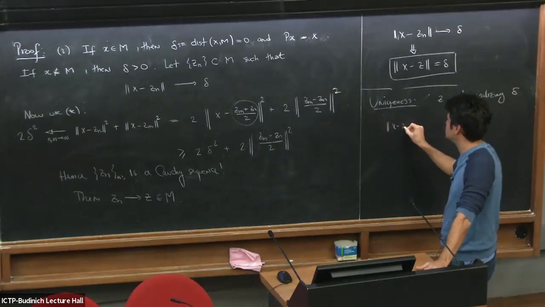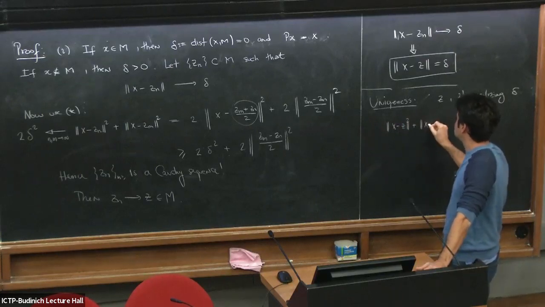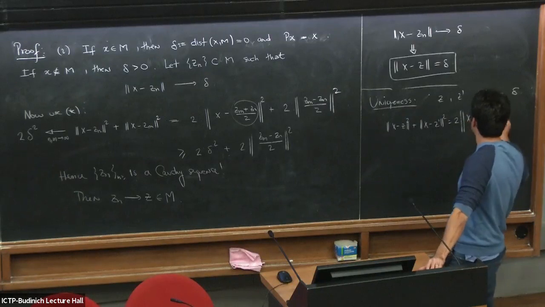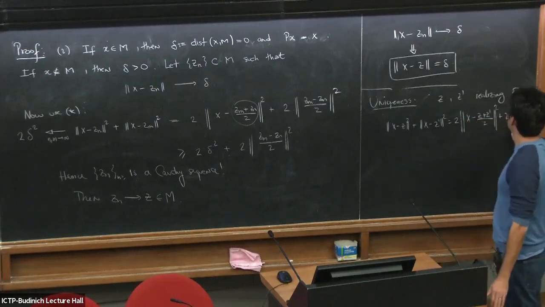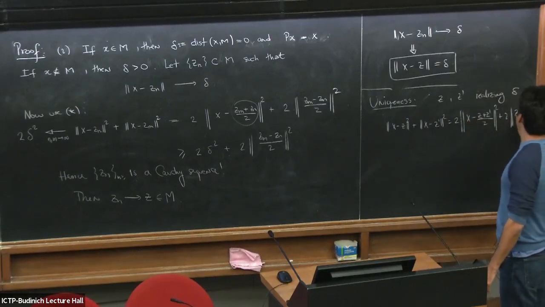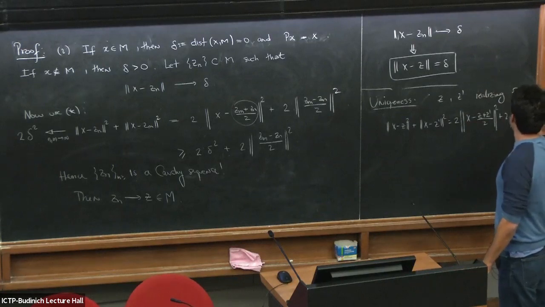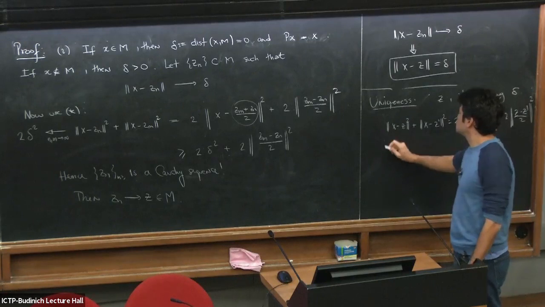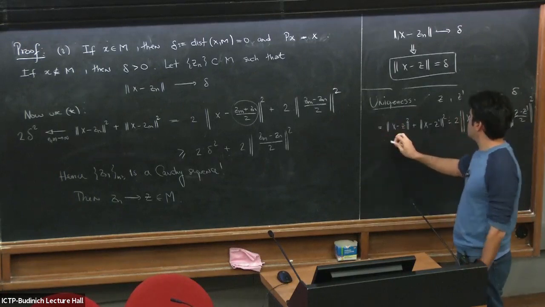So the norm of x minus Z squared plus the norm of x minus Z prime squared is equal to 2 times the norm of x minus (Z plus Z prime) over 2 squared, plus 2 times the norm of (Z minus Z prime) over 2 squared. But now this would be equal to delta squared.